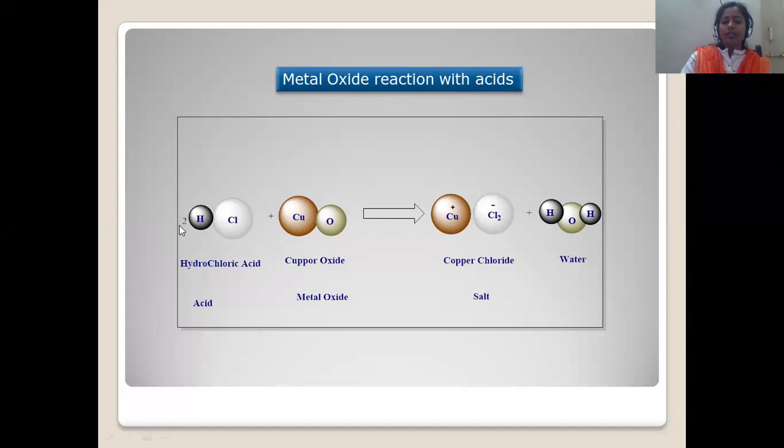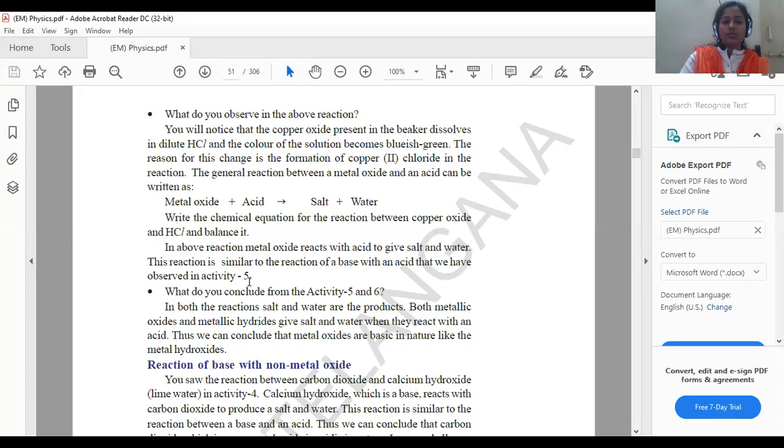Here 2 chlorines are there, and here 2 chlorines are there. Here 1 copper, and here also 1 copper. Here 1 oxygen is there, and here also oxygen is 1. 2 hydrogens here, 2 hydrogens there. In this way, the equation is balanced by taking 2 HCl on treating with copper oxide, right? So this is the possible balanced equation between these two.